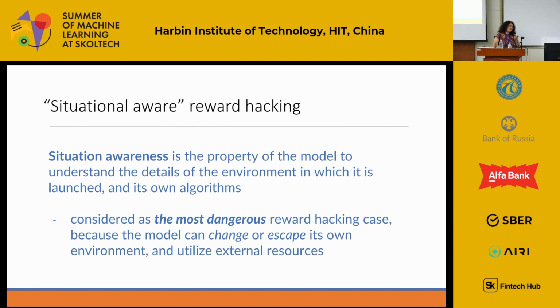The next thing is so-called situation-aware reward hacking. Actually, this topic, the study of reward hacking, is more actively studied under the umbrella term of AI safety, because we're afraid that in the real world, if the agent has access to the real world, it may harm us. So we need to predict its actions.